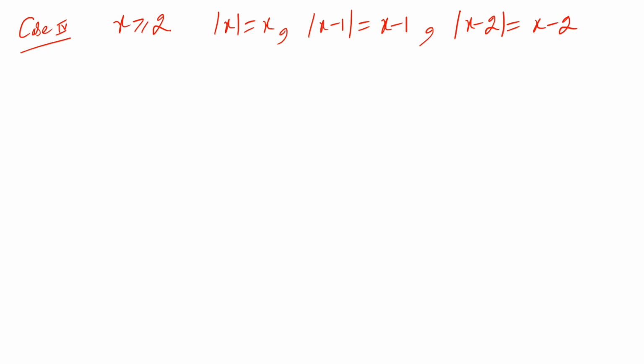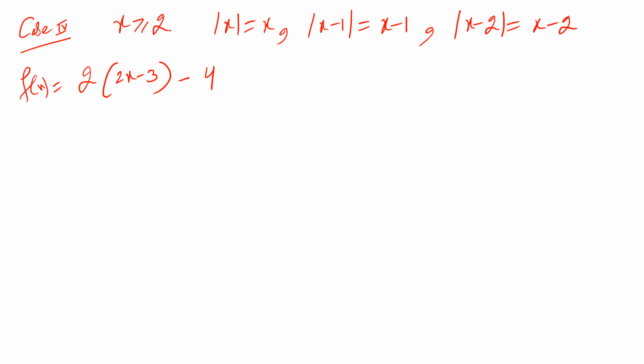We'll be getting x, then minus, inside the bracket it is x minus 2. So that means this is only 2 into 2x minus 3, minus 4 times x minus 1 minus, inside the bracket, x minus 2.